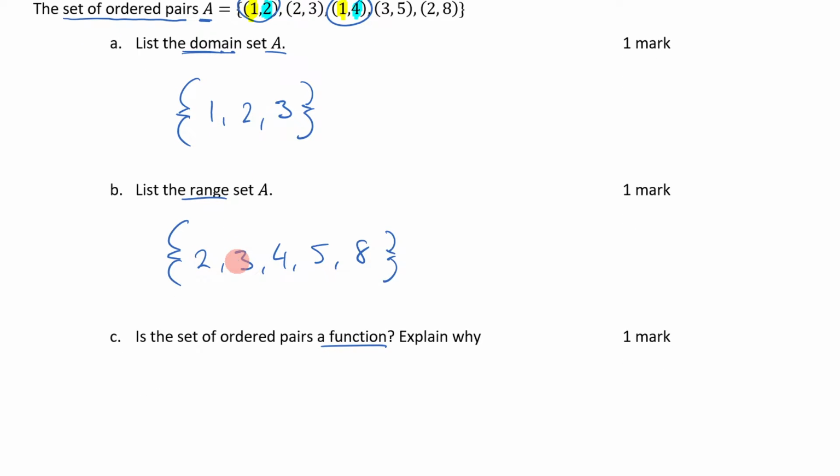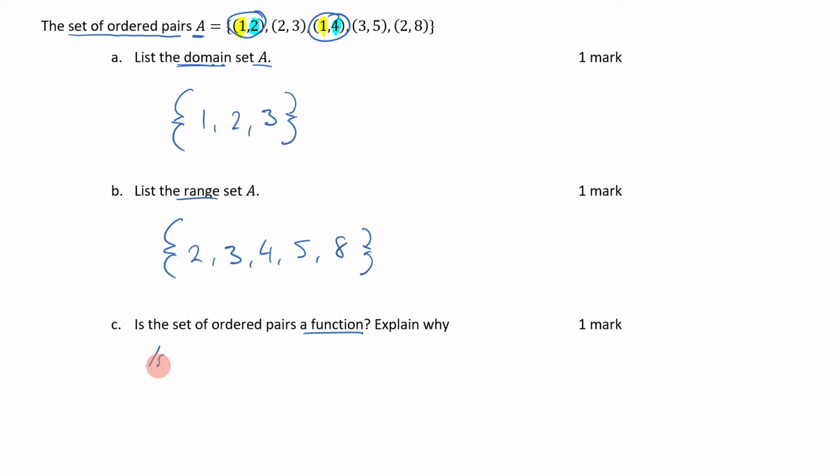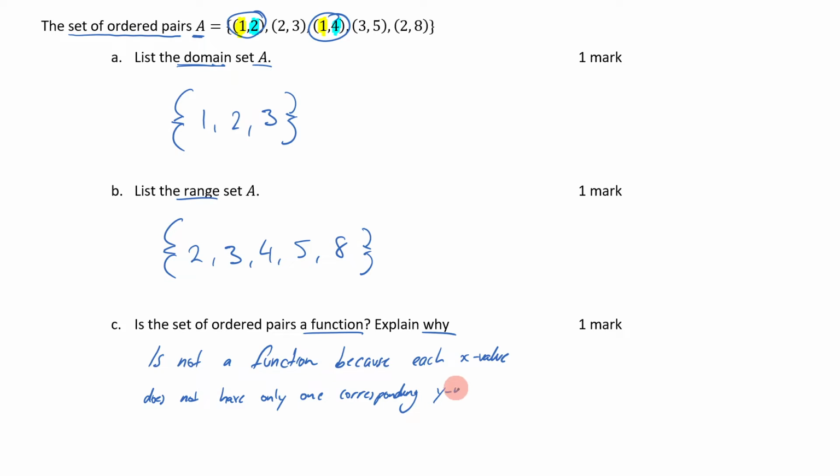So you can come down here and you can say, is not a function. And then you have to say why it's not. Because, and this is where you're going to say something along the lines of each x value does not have only one corresponding y value.